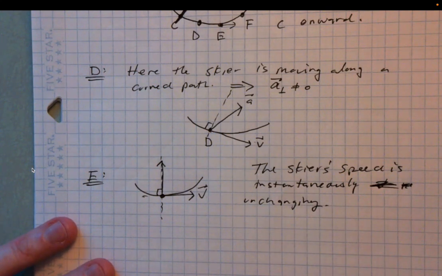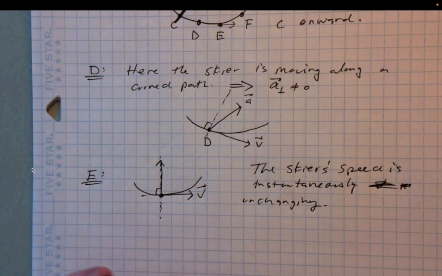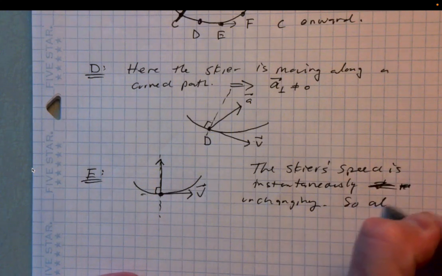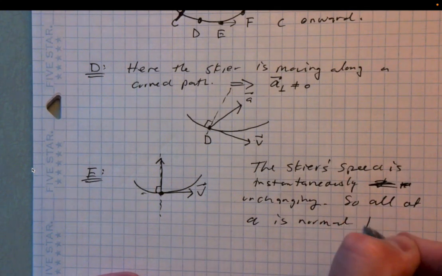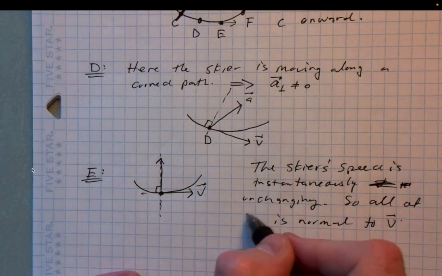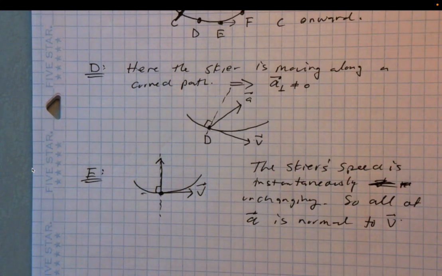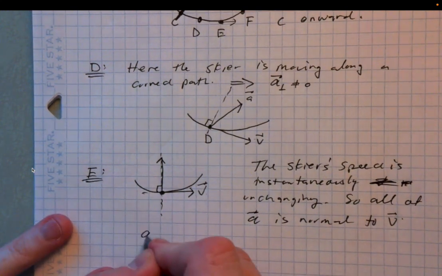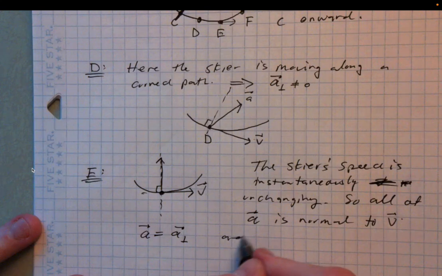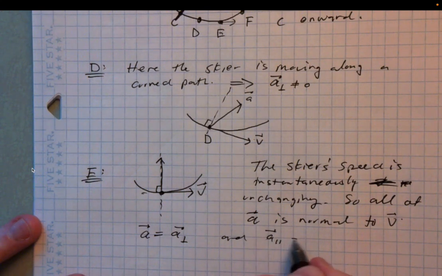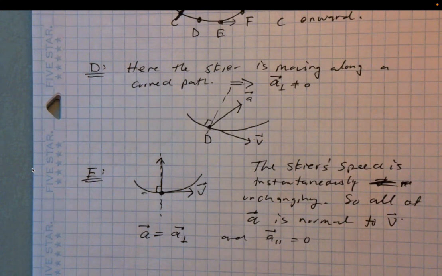Okay, so all of the acceleration is normal to the path. So what we would say here is that the acceleration is equal to the perpendicular acceleration, and the parallel acceleration is 0. That's what's happening at E.